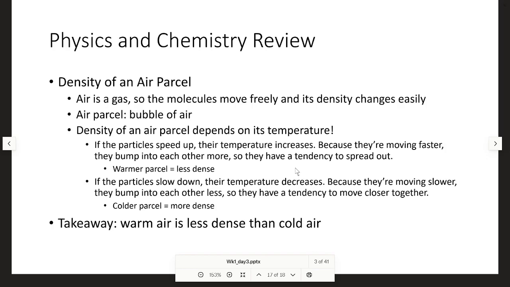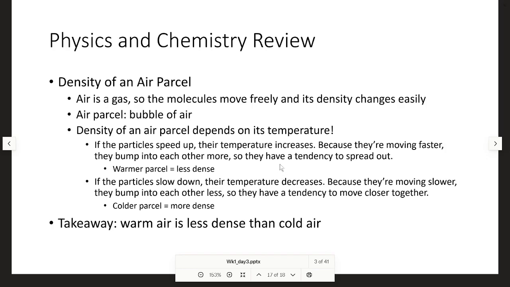The density of an air parcel depends on its temperature. If you have a warmer air parcel, it's going to have less density, and if you have a colder parcel, it's going to be more dense, and that's just because of the speed of the molecules.